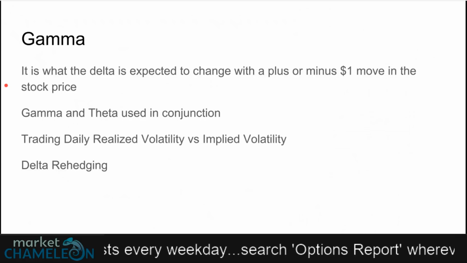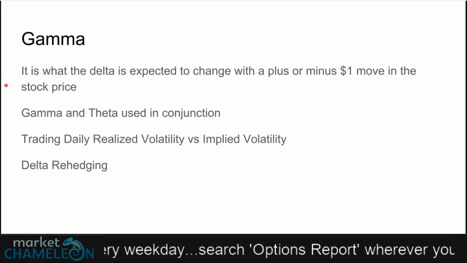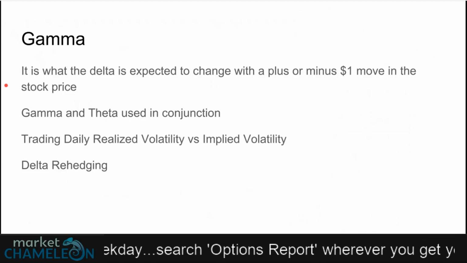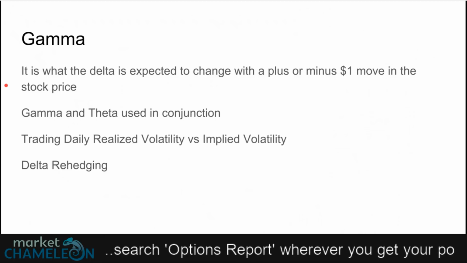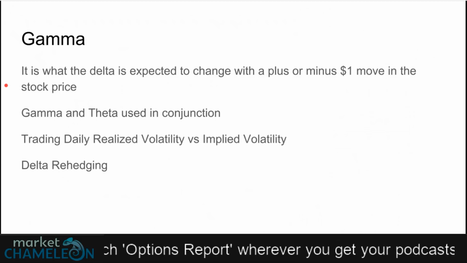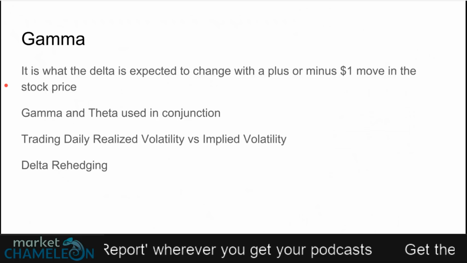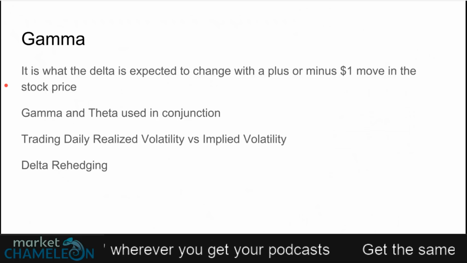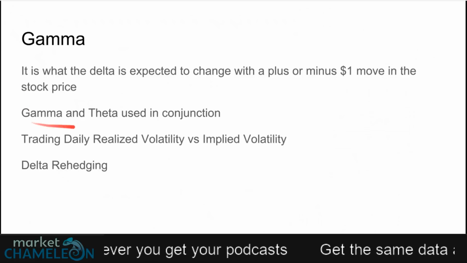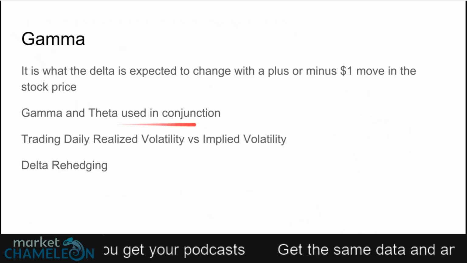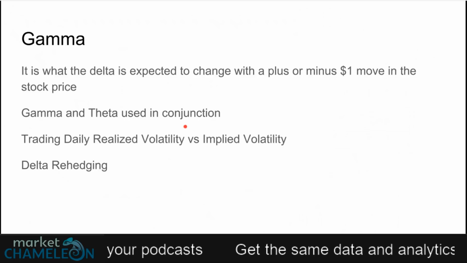If the stock increases by $1, our delta is expected to increase by a certain amount, because we're long a call. Or if it goes down $1, our delta is expected to decrease by a certain amount. We'll be short. And when you look at gamma, usually gamma and theta are used in conjunction, so you have to look at both of them, and I'll explain that in a little bit.